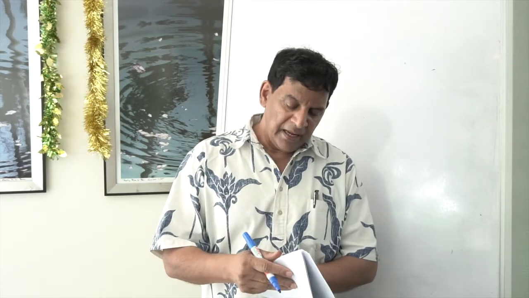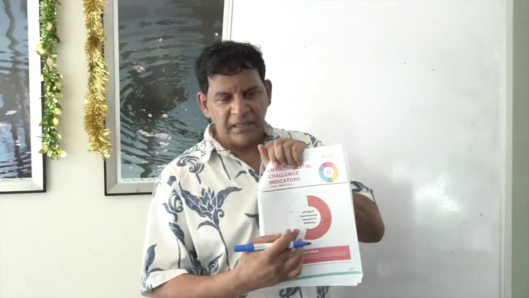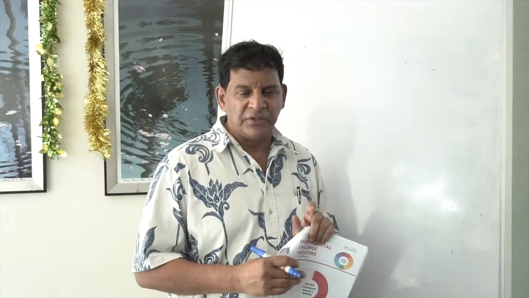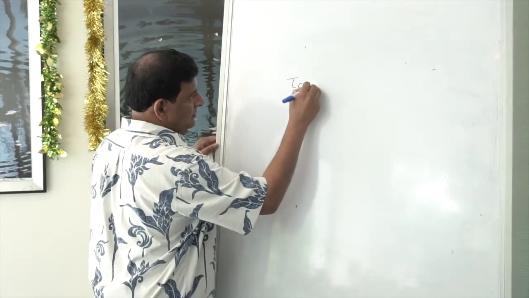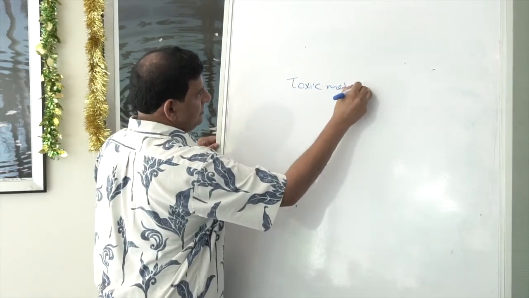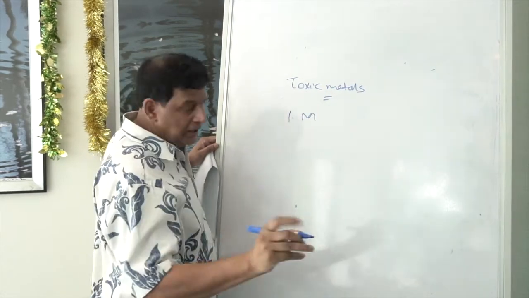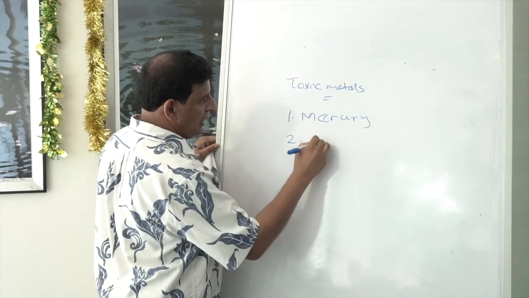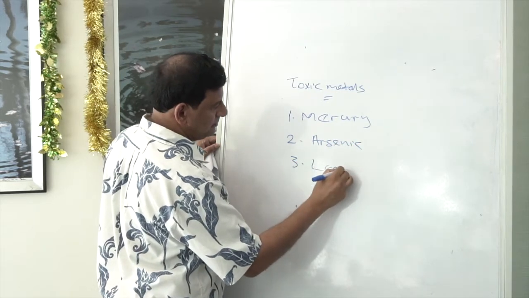Okay. Next, we come down to this page. Toxic metals, chemicals, and radiation. This is where I find most of the problems associated with the gut. Number one is toxic metals. In toxic metals affecting the gut will be mercury. Number two, arsenic. Number three, lead.